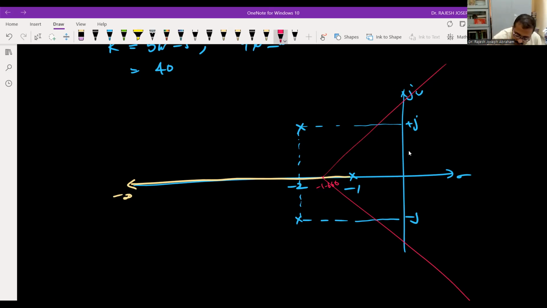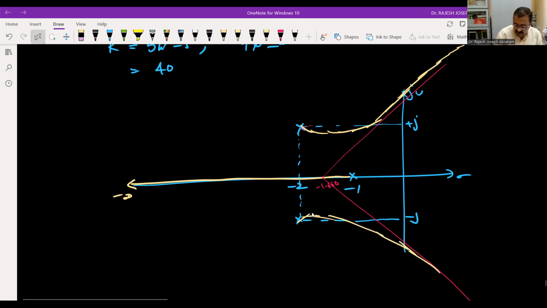So you can measure how much is 45 degree, minus 45 degree. That will move like this. It will move like this, and here also it will move like this. It should be symmetrical. So this way you can find what is the root locus.